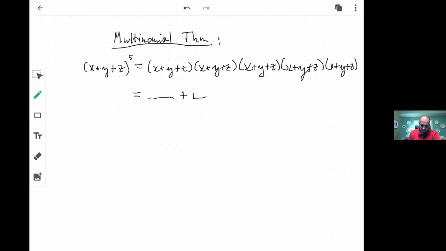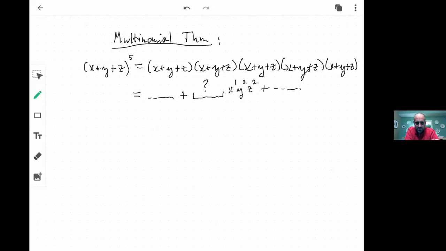So here's the question. Let's just look at a very specific term. So like, let's say x to the first, y to the second, and z to the second. Okay, what is the coefficient of this thing going to be?